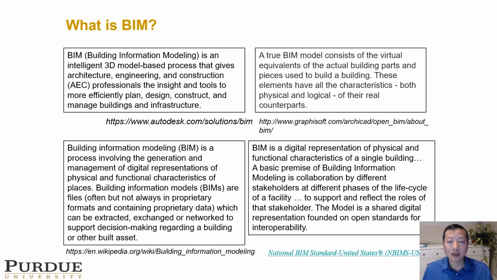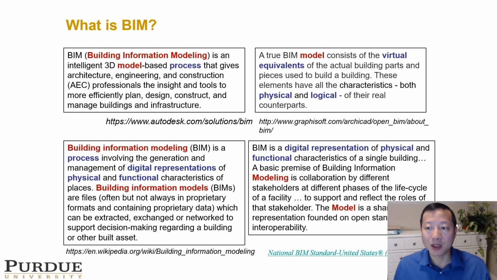All right, so let's take a look at these four definitions and see what keywords come to your mind, or at least some keywords keep showing up in all these four boxes or in multiple boxes here. I highlighted them in different colors. As you can see, we end up seeing terms such as building information modeling, building information models.